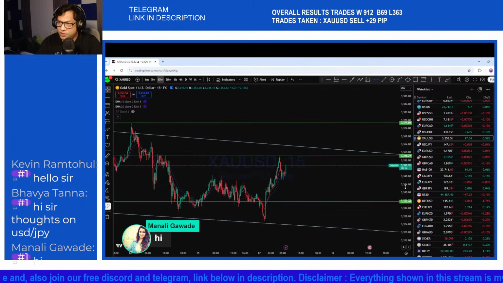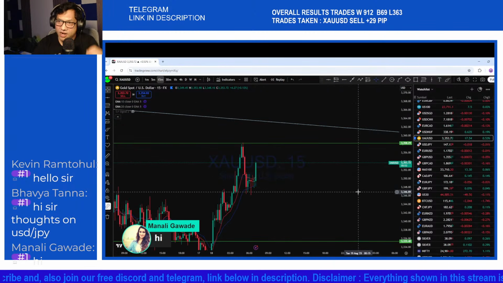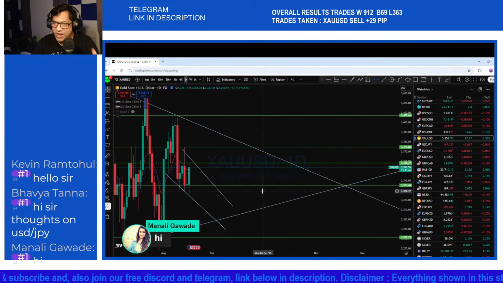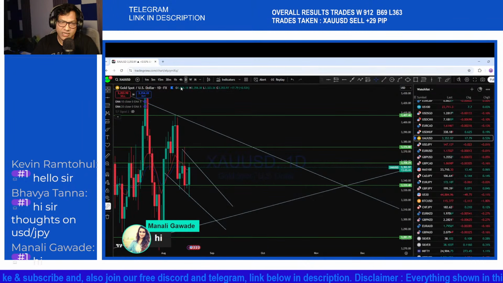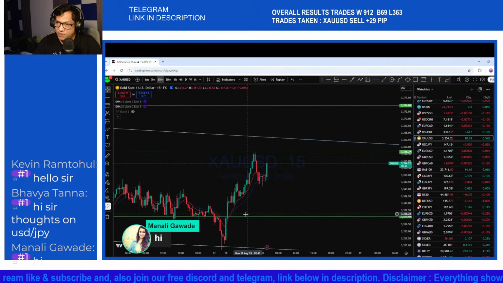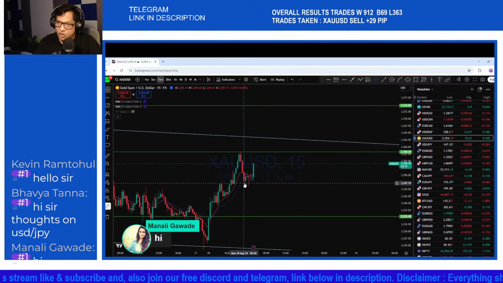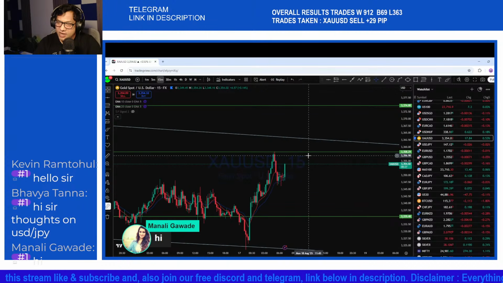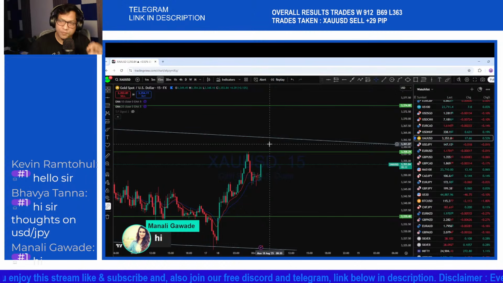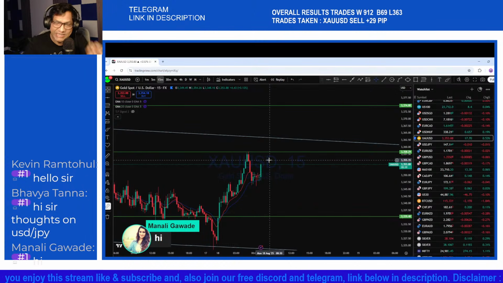There are a couple of resistances that we can see the market reaching, and then potentially returning back again to the daily support level. On the lower time frame, this is currently showing a bull market, and in that bull market the market is slowly trying to hit the previous session's high.